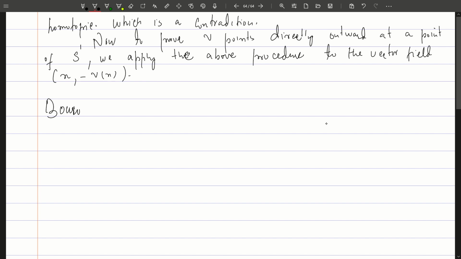Brouwer fixed point theorem. So this is for the unit disk.